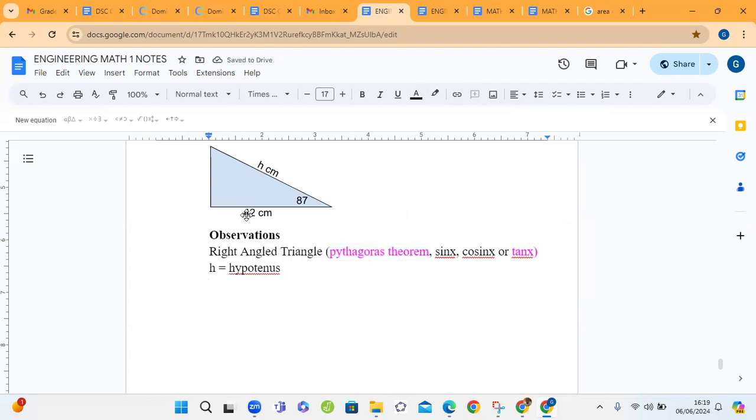You're going to describe what is that 42. 42 is next to the 87 degrees. Another word for next to is adjacent. 42 is adjacent to 87 degrees.